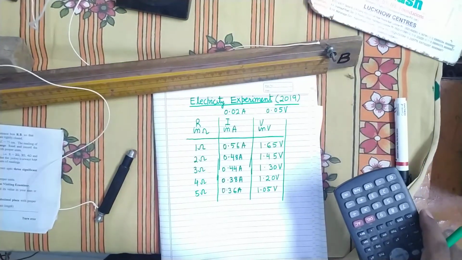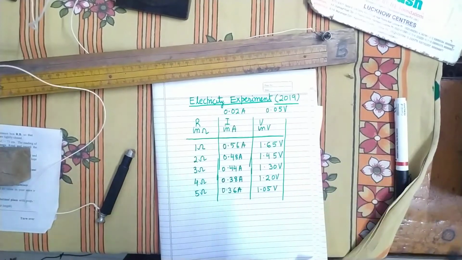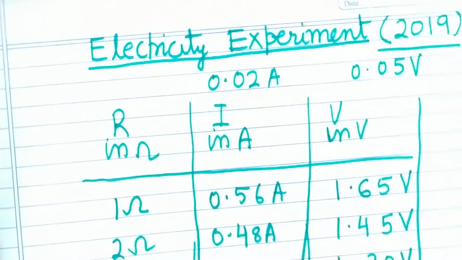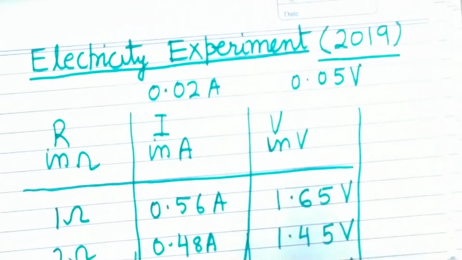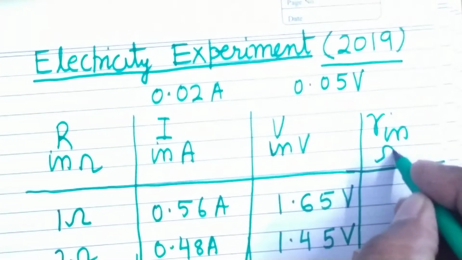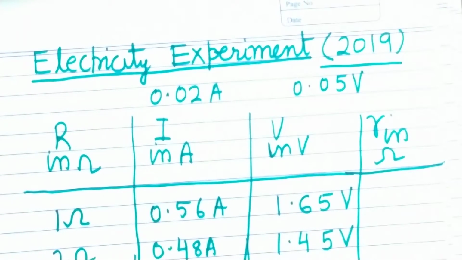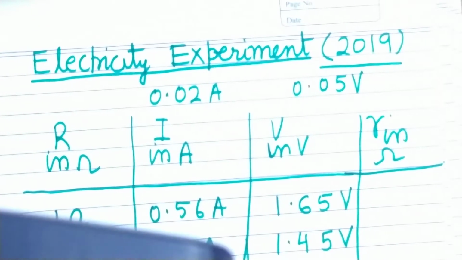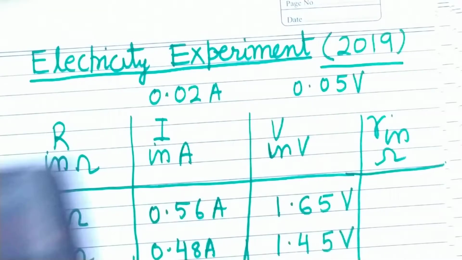In the first case, it is how much? If you see here, in the first case, here small r in ohm. So V upon I, it is V upon I. So 1.65 divided by 0.56.